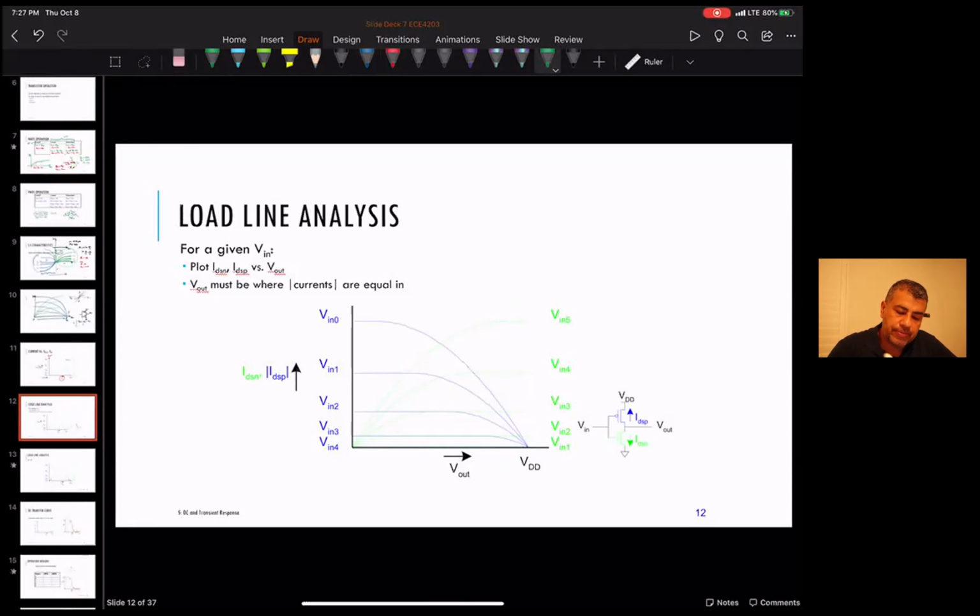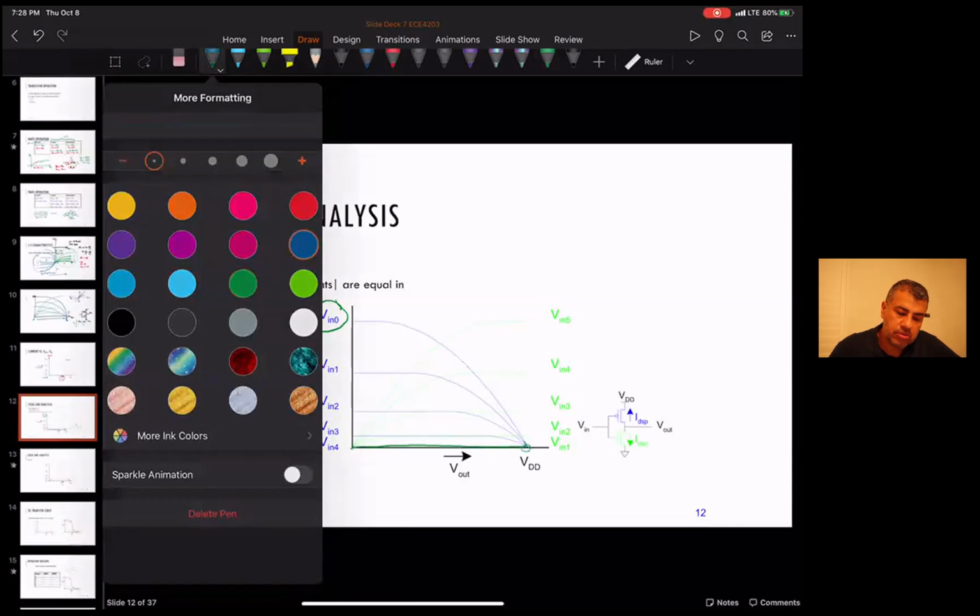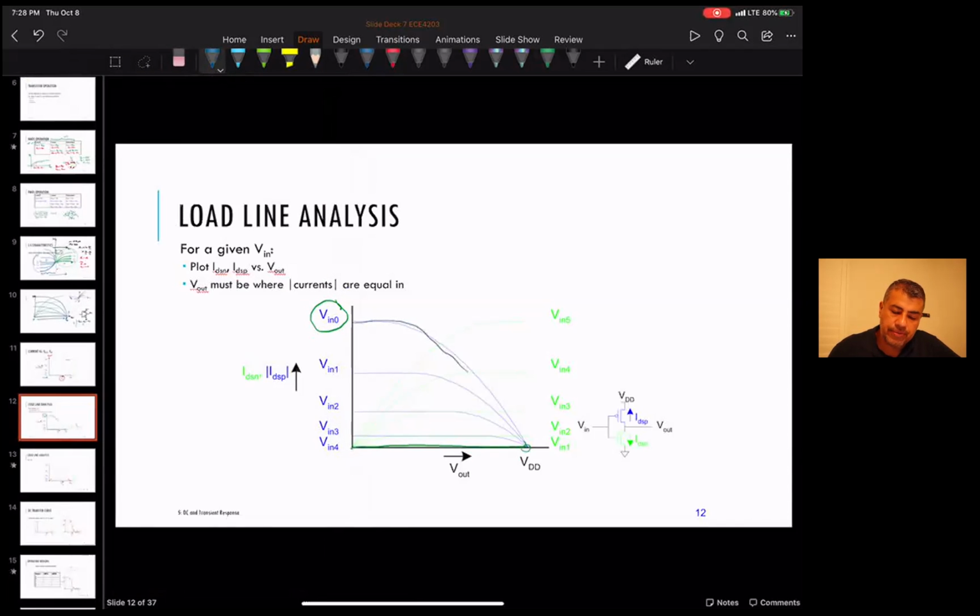In other words, for the same V in, let's say this is V in equal to 0 for the P, and the V in 0 for the N is over here. There's no current on the N, but the P has a lot of current when you're at 0. So where these things meet, which in this case is out here, is where you say is my V out. That's where it must be.